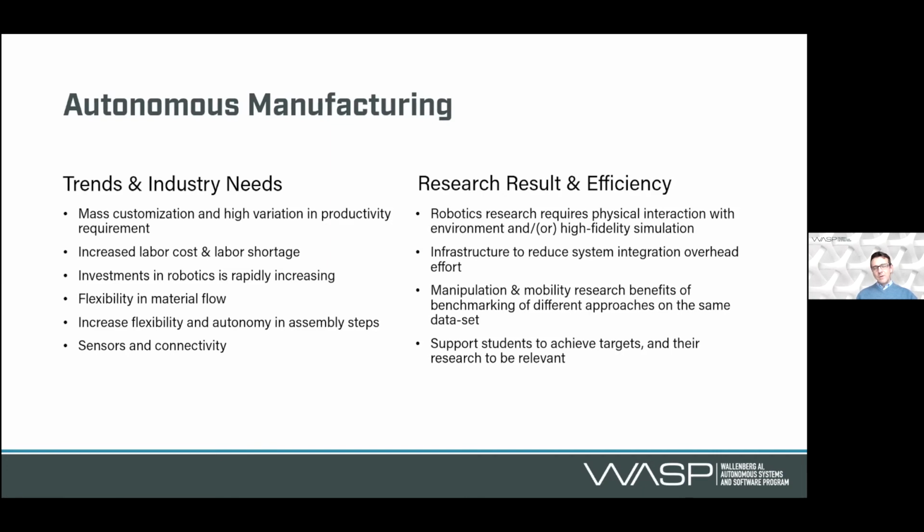We would like to be able to give support to evaluate certain research by providing a platform to do that. Manipulation and mobility research benefits from benchmarking and the same data sets, we think. And last but not least, support students to achieve targets and their research to be relevant. And hopefully ABB can contribute with that.